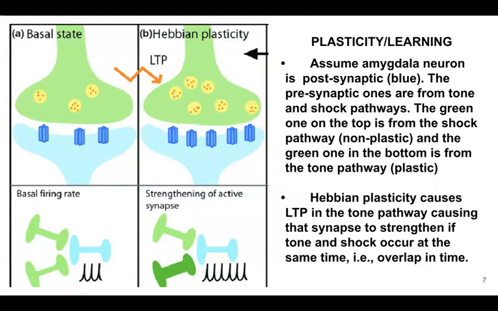Now, this is the Hebbian plasticity condition that we just explained: when the tone thalamic neuron is fired by the tone and the amygdala neuron is fired via the shock, that opens the NMDA channels. And the calcium influx into the postsynaptic side of the tone amygdala neuron will result in synaptic growth, which happens in 2 ways.